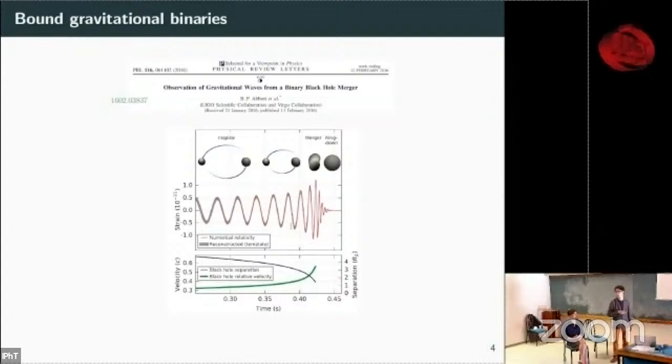There is a violent part of the process where there is the merger, and then you have a single object forming, which rings down to the equilibrium, right? So this is taken from the first paper of the LIGO-Virgo collaboration. And you see they are very open-minded because these are the black holes.